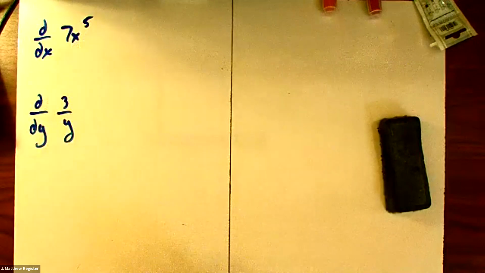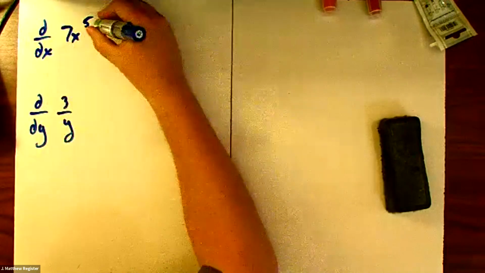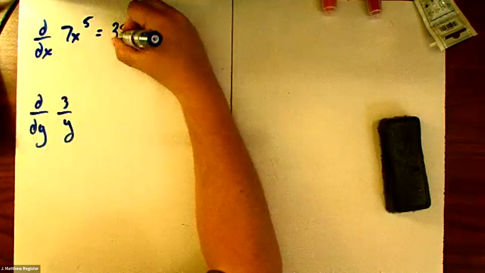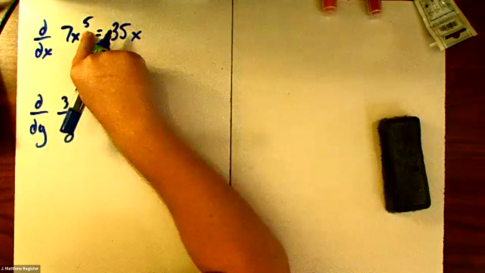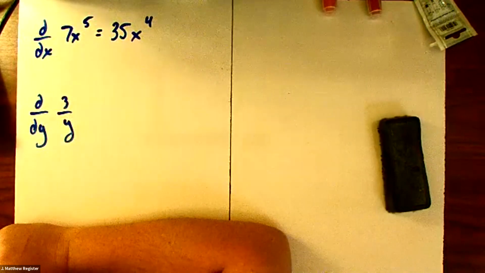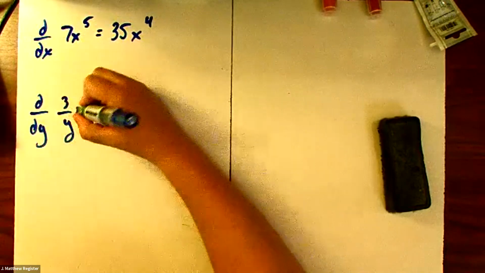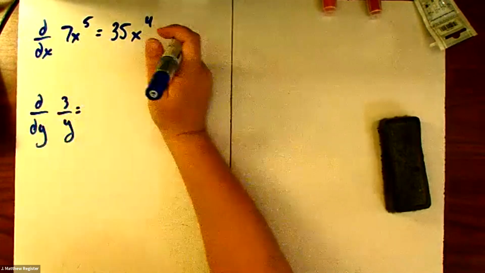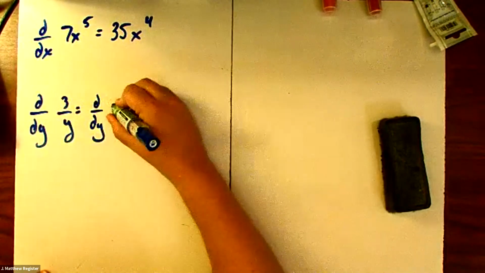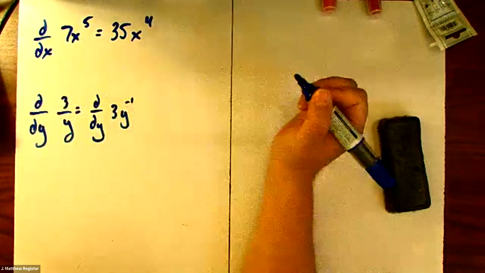And so for this first one, we bring the 5 down, and 7 times 5 would give you 35. We subtract the exponent by 1, giving 4. For this one, we remember that a y in the denominator would be the same as y to the negative 1.